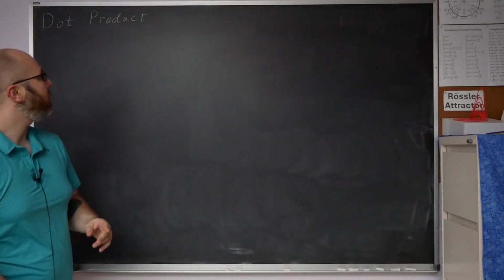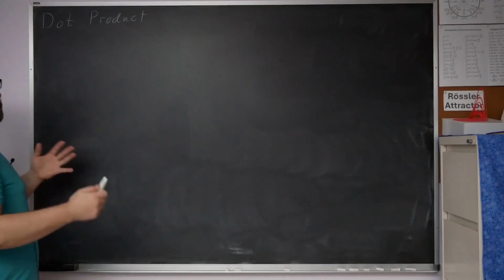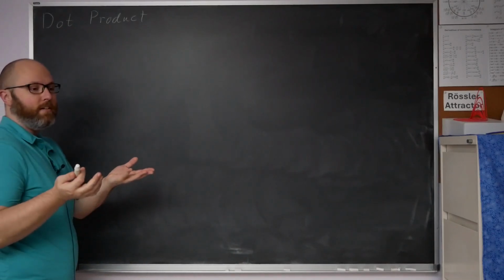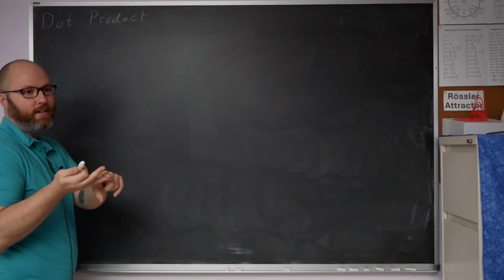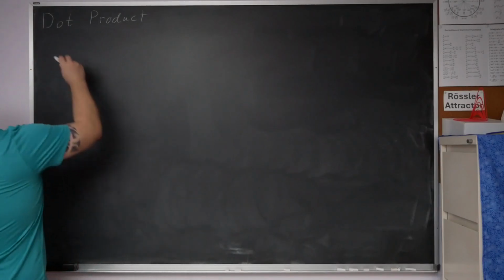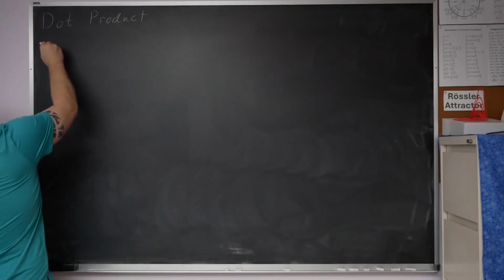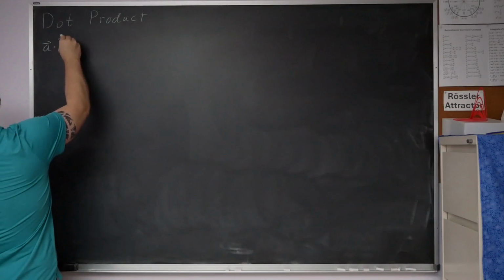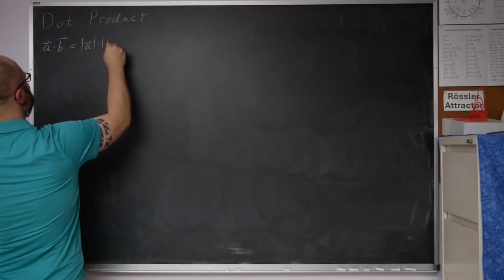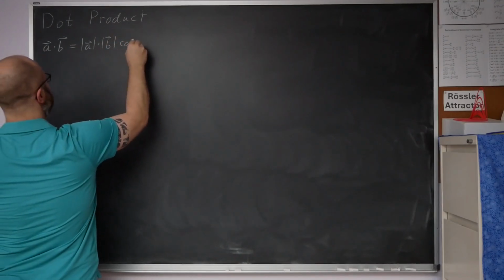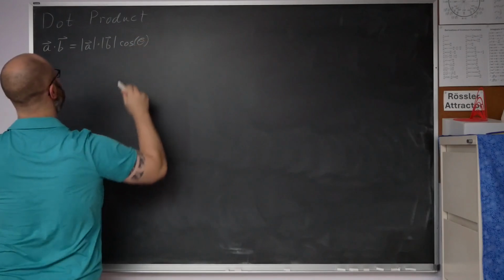So a few more nice applications of the dot product. So one thing it can do is it can help you tell if 2 vectors are parallel or if they're at right angles to each other. All right, so before we had A dot B is equal to the magnitude of A times the magnitude of B times the cosine of the angle between them.